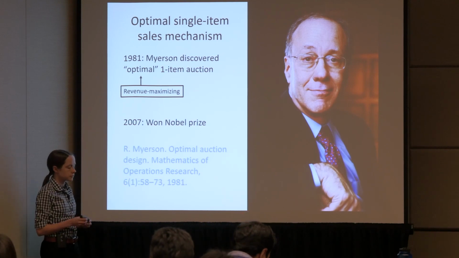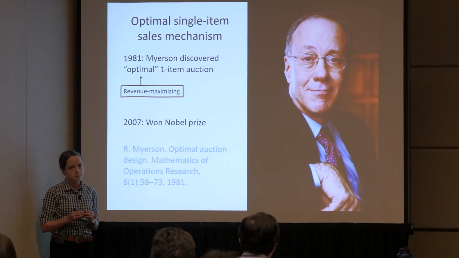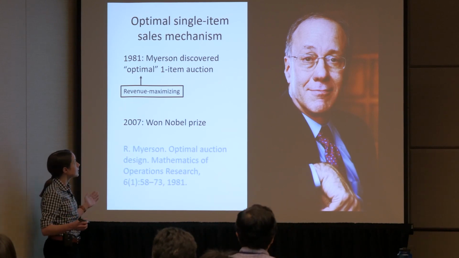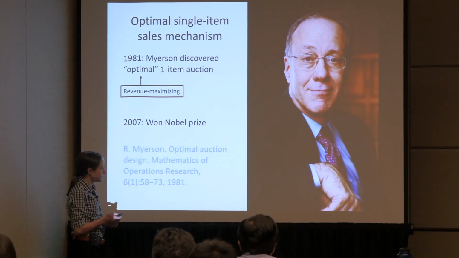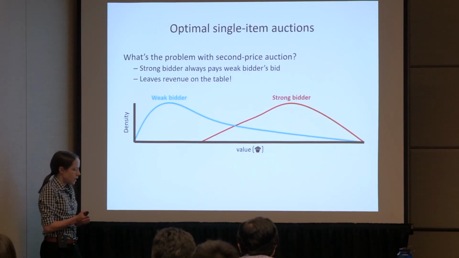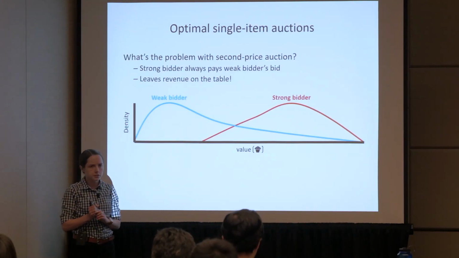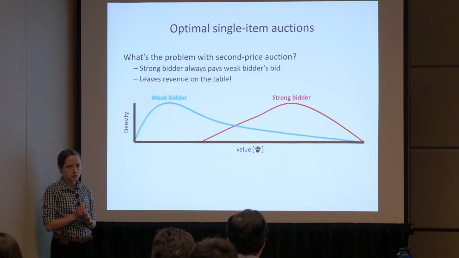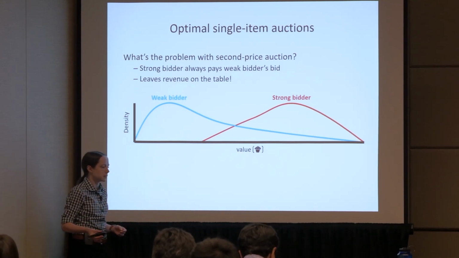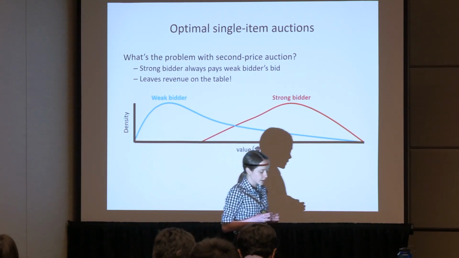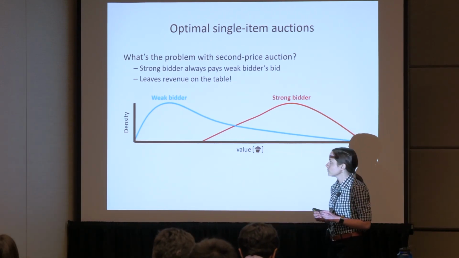He discovered this optimal single item mechanism, and by optimal here I mean revenue maximizing. So just to give you a little bit of intuition behind Myerson's optimal auction, let's think about what's the problem with the second price auction. Why isn't that revenue maximizing?